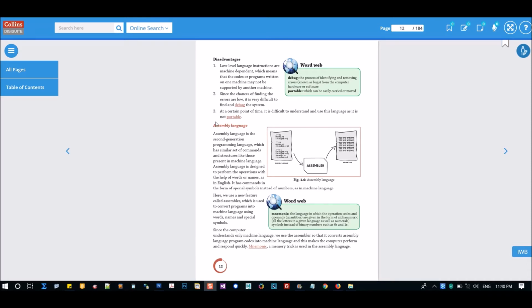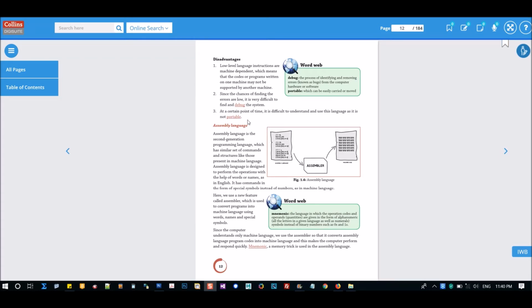Second, it is difficult to find and debug errors in the system. If there is a mistake or error, then it's very difficult to find and correct the mistakes. Third, it is difficult to understand and use this language, as it is not portable. During those days, the machines and computers were very, very big.